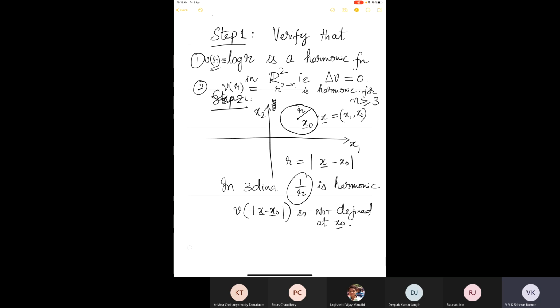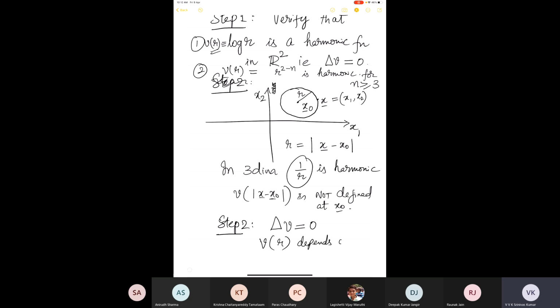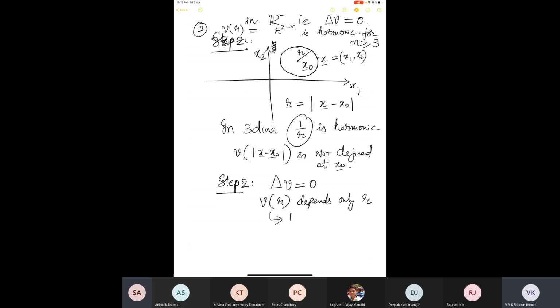What is step 2? Step 2 is to directly work with the Laplace equation when v is a function of r only, that is, radial functions.